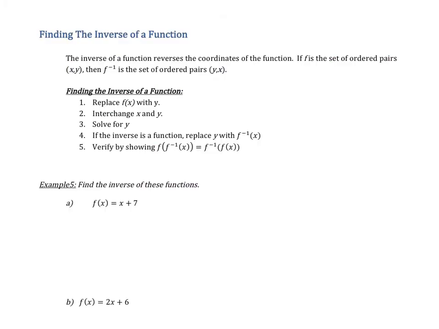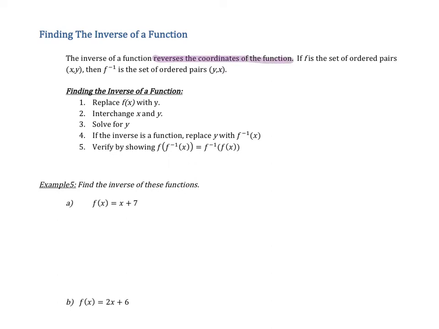So that's how we check to see if it is an inverse. How do we find an inverse? Well, when we're doing an inverse, the input becomes the output, and the output becomes the input. So the key here is that the inverse reverses the coordinates of the function.